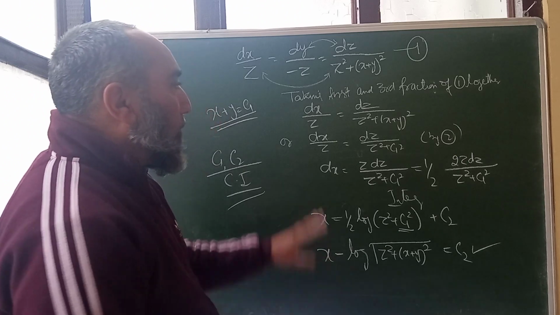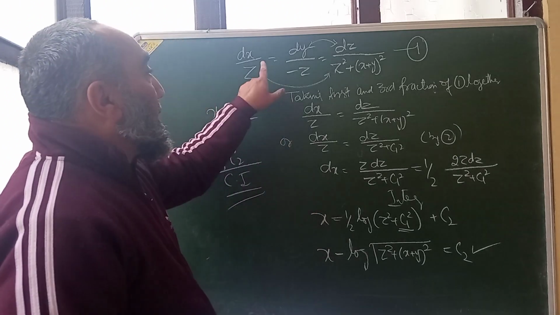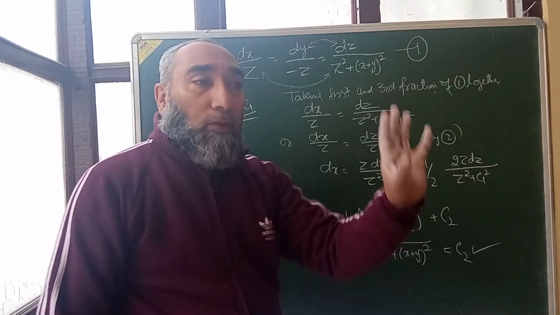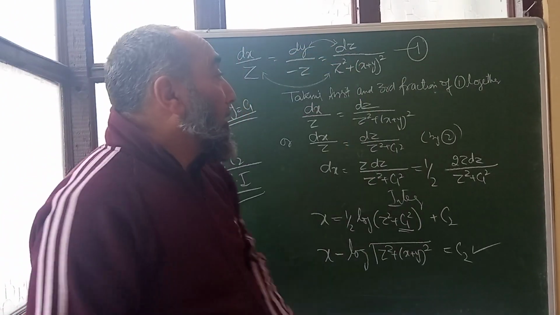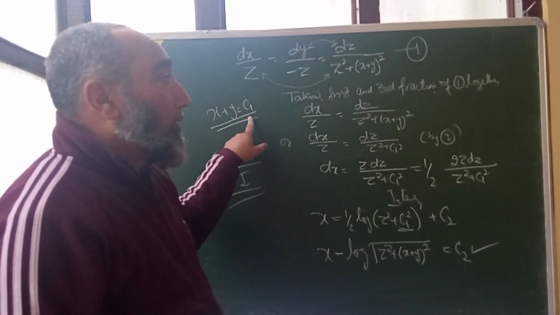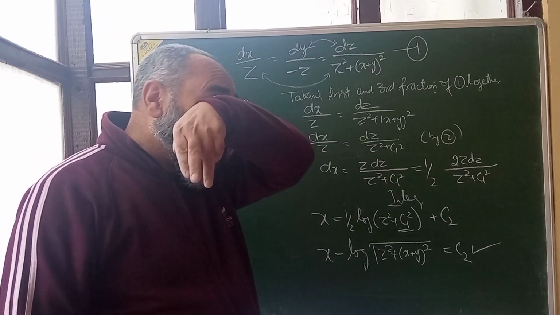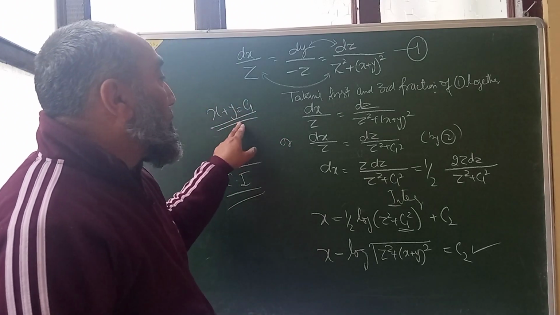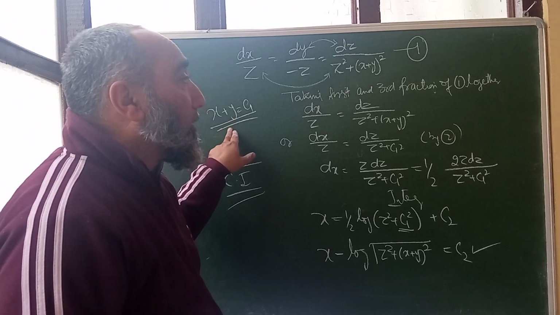Okay? What I have done, this is rule second. Taking any two fractions of 1 together, if we are able to find a solution, and in this case we are able to find a solution which is given by x plus y equals c1, and suppose that another solution is not possible by choosing rule 1, then the solution which has been obtained is used.